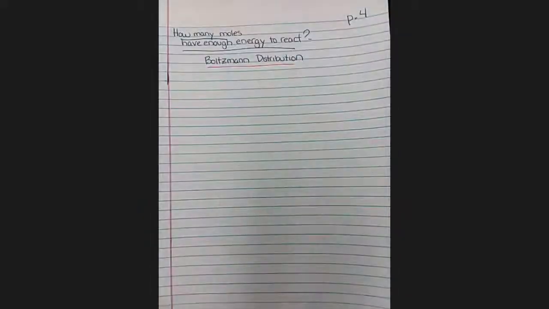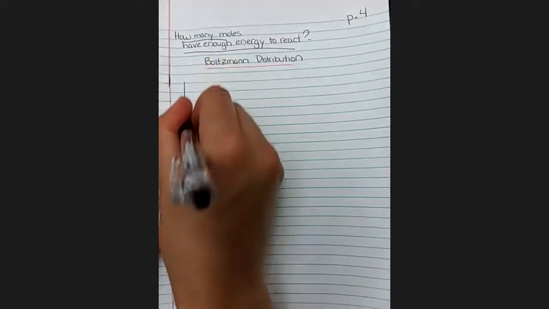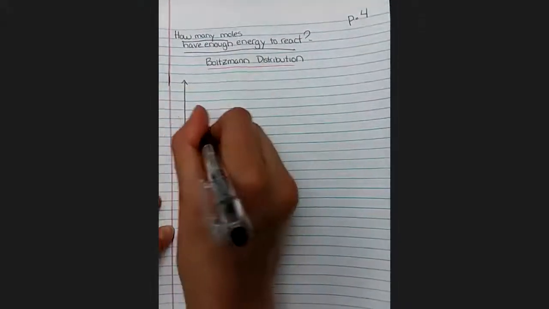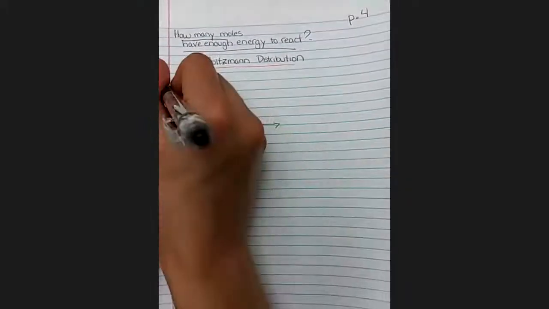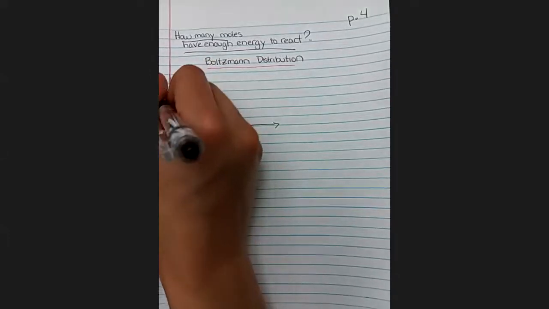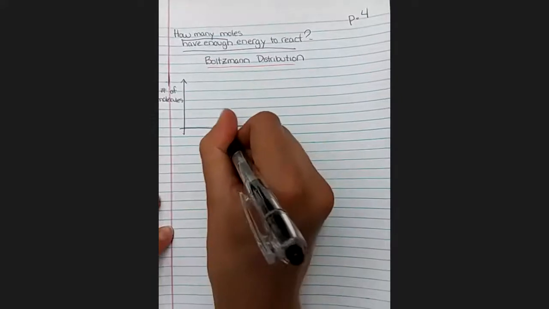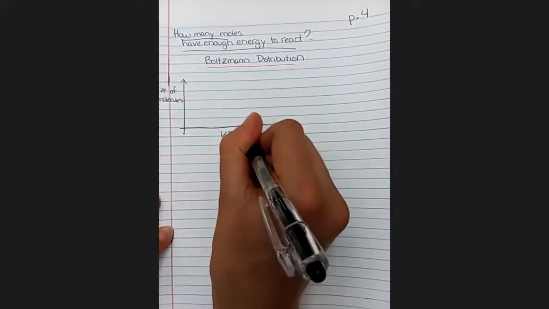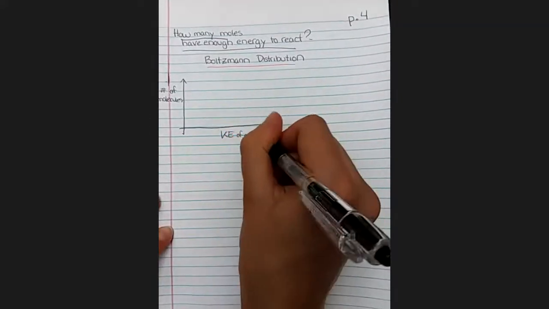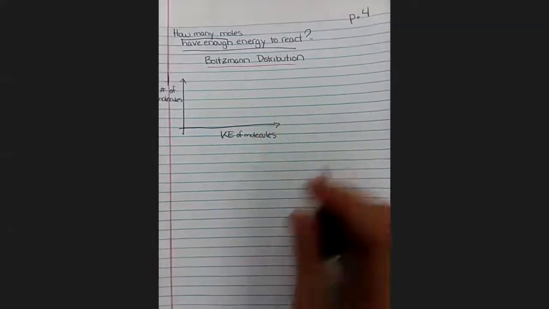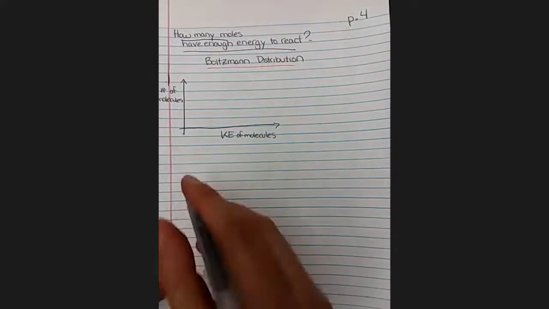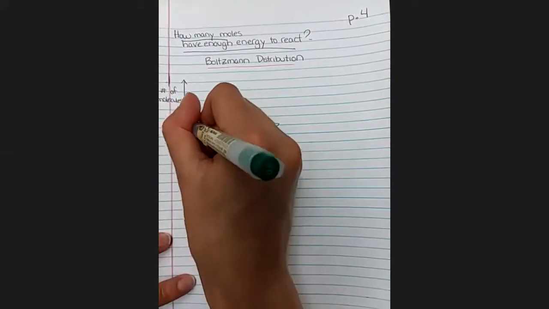Okay, so we've drawn this picture before, several times. So it's going to be number of molecules on the y-axis and the kinetic energy of the molecules on the x-axis. And it's going to look a little bit like a bell curve in shape. So let's say we're at a sort of a low temperature.